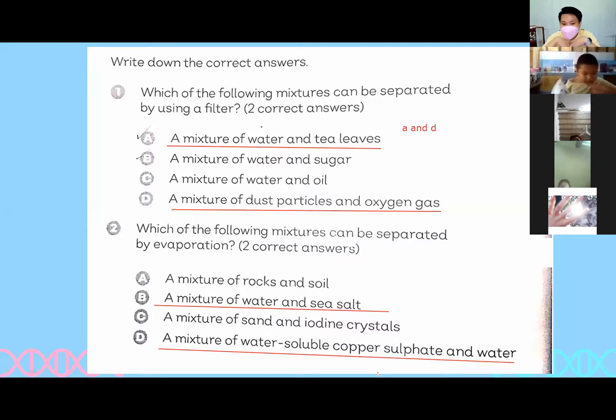So when you put water-soluble copper sulfate in water, after that, the copper sulfate will stay on the pot, or on the material that you use for evaporation. Understand? So the answers here are B and D. Finish?